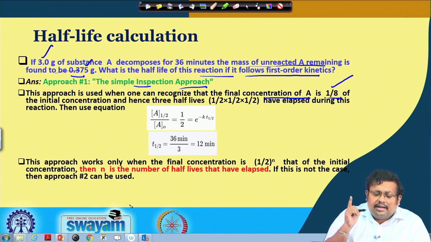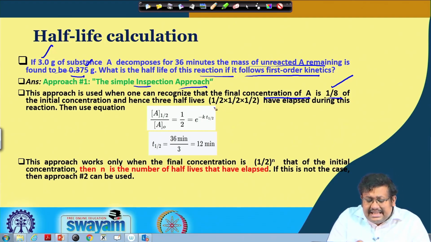So, 3 half lives have elapsed here: 1 half multiplied by 1 half multiplied by 1 half have elapsed during this reaction.